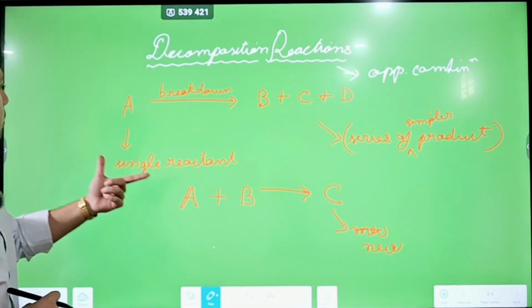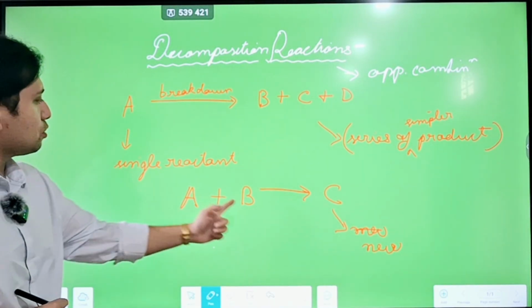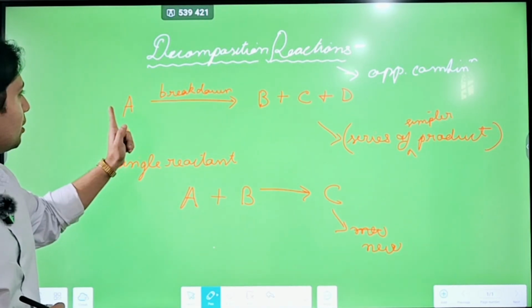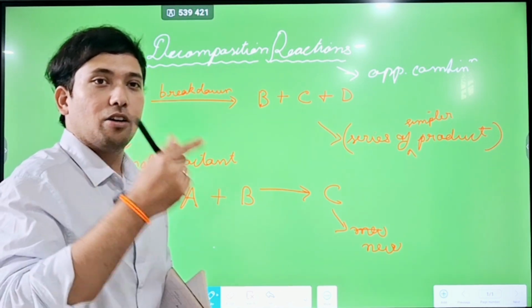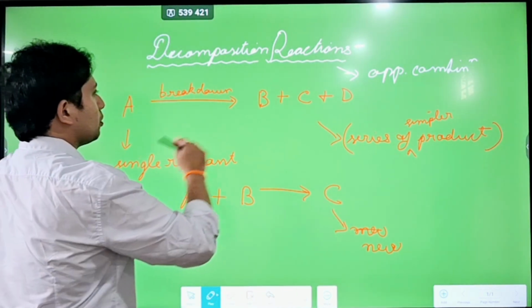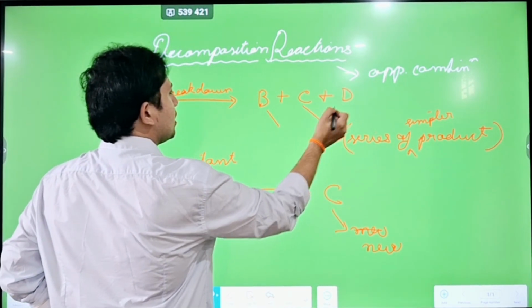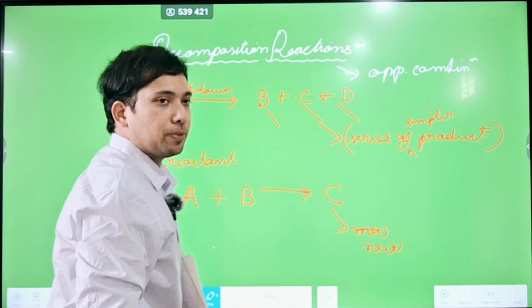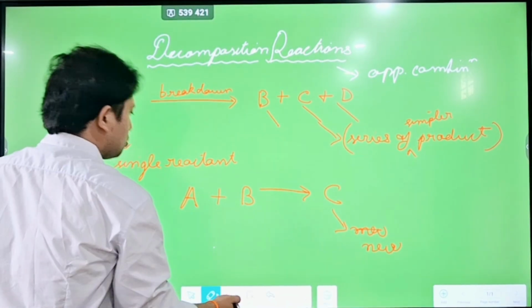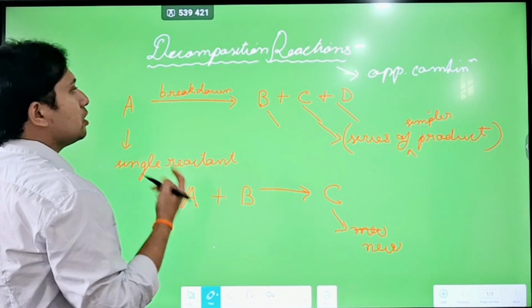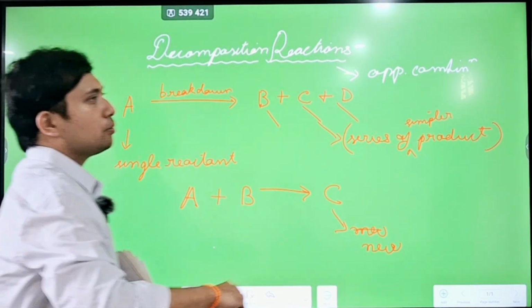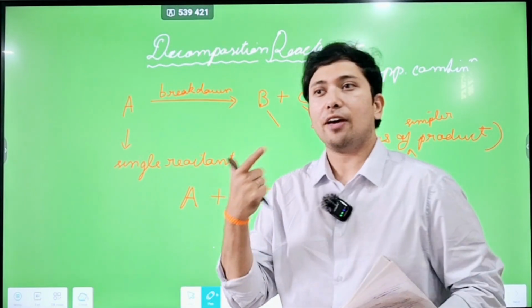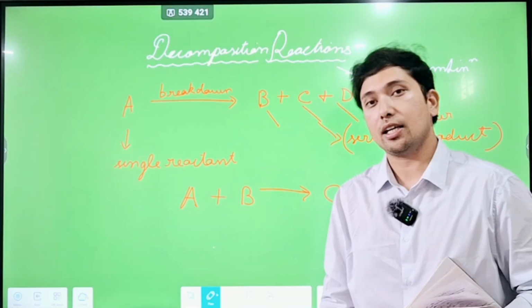Now, in decomposition, there is no B, there is only A. One single reactant, when the chemical reaction moves forward, breaks down and will form B, C and D, which are a series of simpler products. Now let us go to some examples of decomposition reaction.